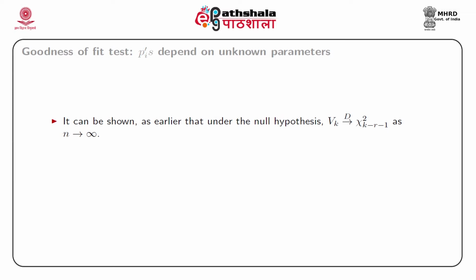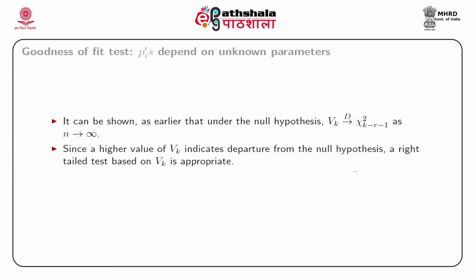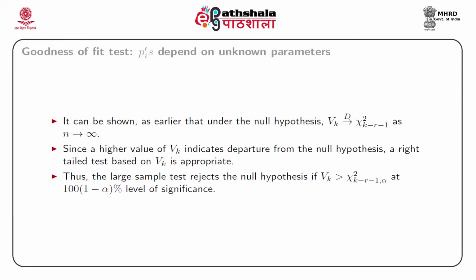As earlier, since a higher value of Vk indicates departure from the null hypothesis, a right tail test is appropriate, and therefore a large sample test should reject the null hypothesis if the observed value of Vk exceeds the upper alpha percentage points of a chi-square variable with k minus r minus 1 degrees of freedom.